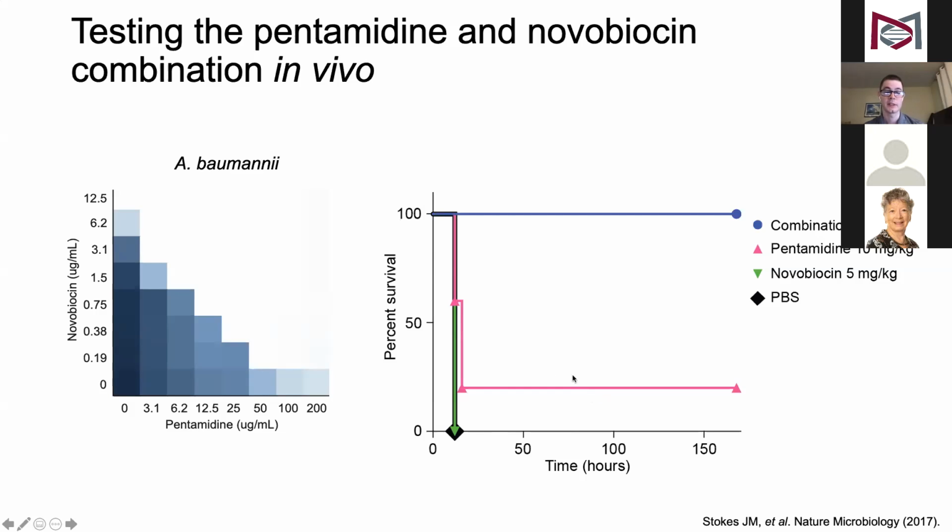In contrast, with the combination of pentamidine and novobiocin, we were able to rescue 100% of animals. Notably, the concentrations that we used are about 1/5 the human equivalent dose, which suggested to us that with our combination, we might be able to dose spare moving forward into human patients.